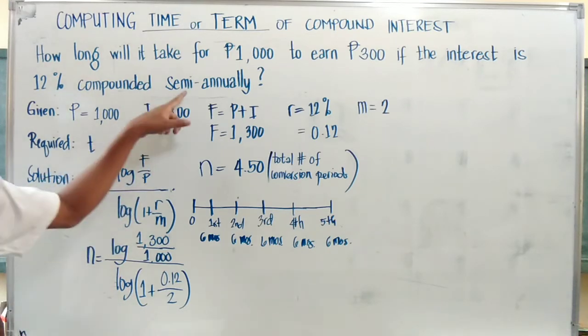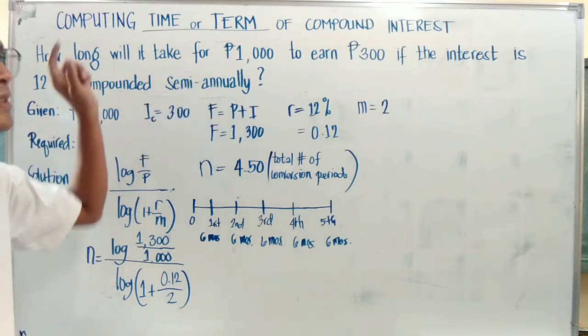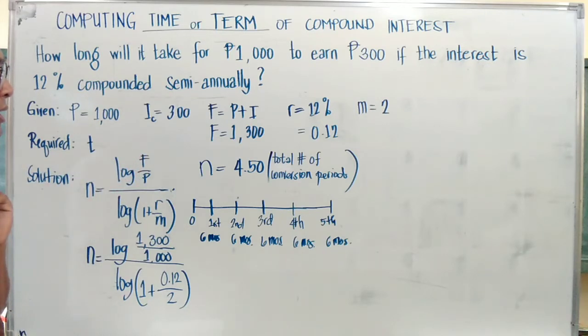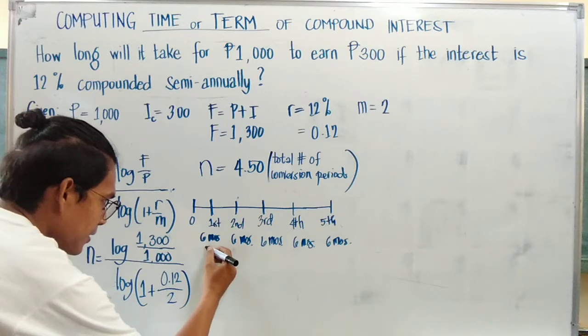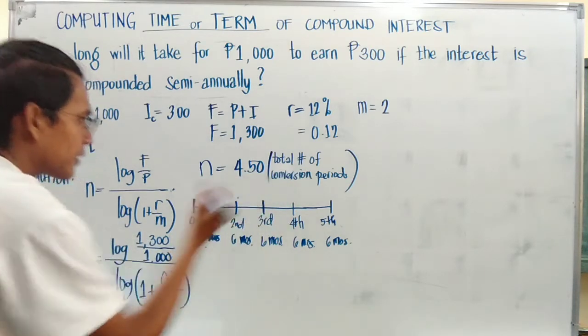Right? Because it is semi-annually. So every 6 months. So this is 6 months, your first conversion.